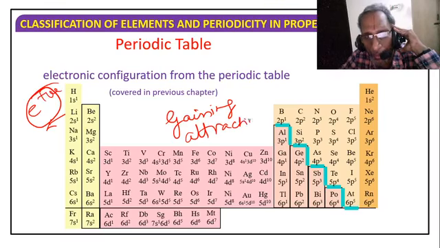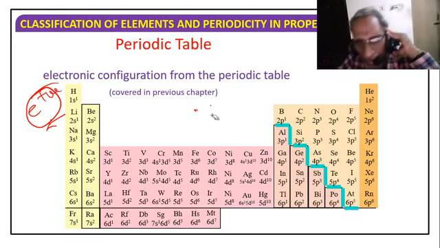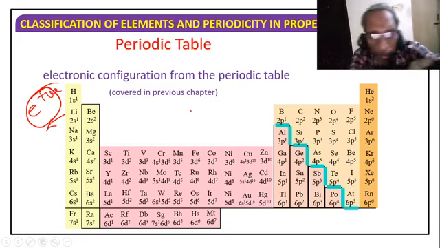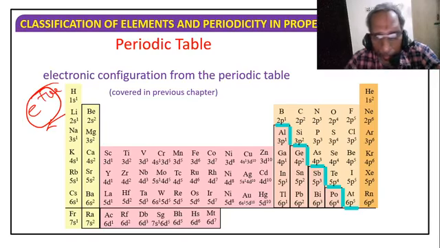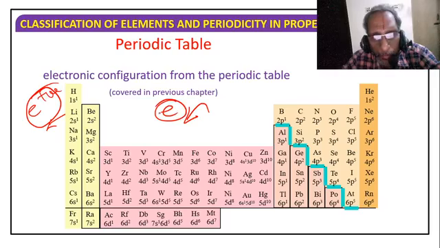What is the difference between gaining the electron and attracting the electron? Gaining of one electron and attracting one electron, what is the difference? Gaining means the electron totally goes to the particular atom. Electron goes to, for example, sodium chloride or hydrochloric acid.